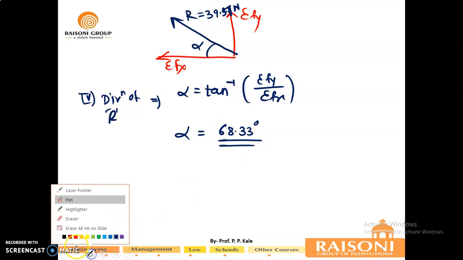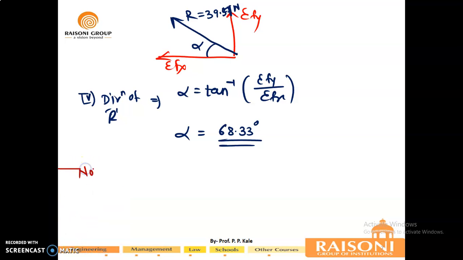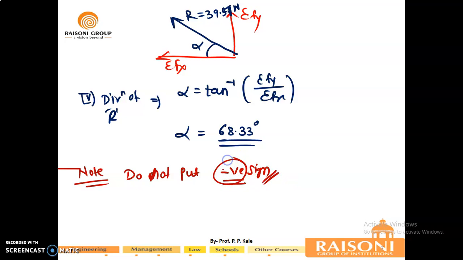Take one note here: do not put a negative sign, because this negative sign only shows its direction. The negative and positive signs used in this problem are only for the purpose of showing direction.